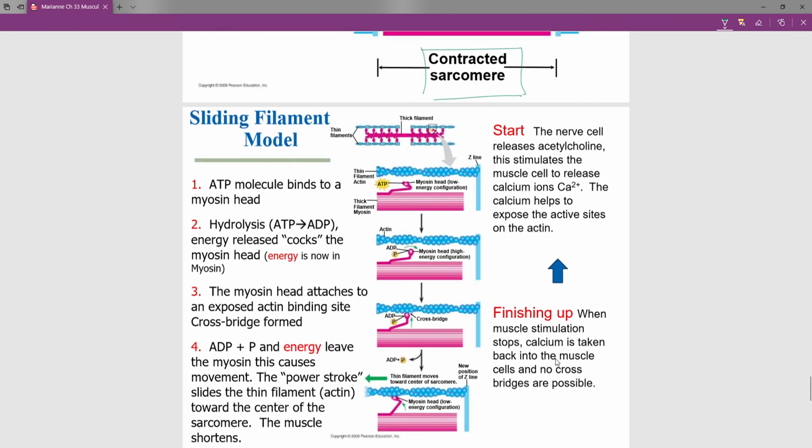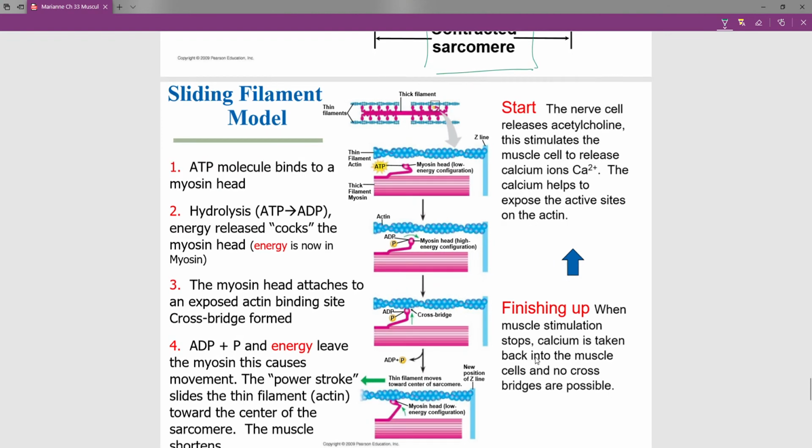Basically, the videos do have a little more information. I like to sort of illustrate this in some key terms, if you will. And basically, this is the slide that helps me understand or explain, hopefully, the sliding filament model.